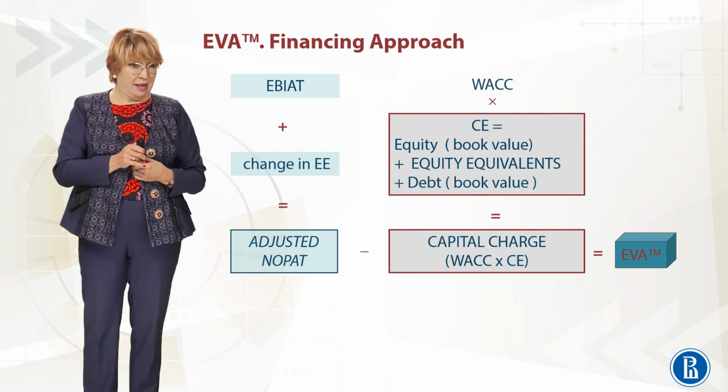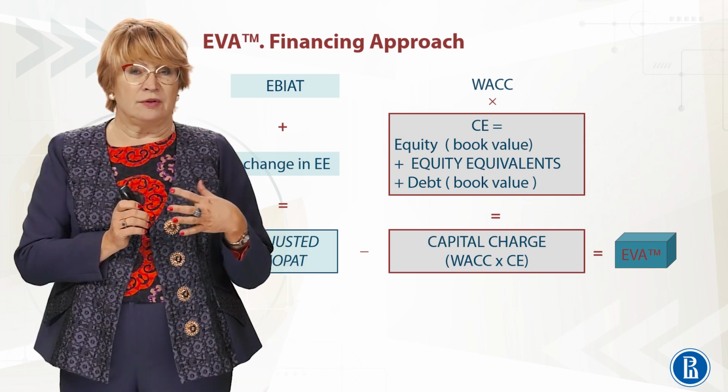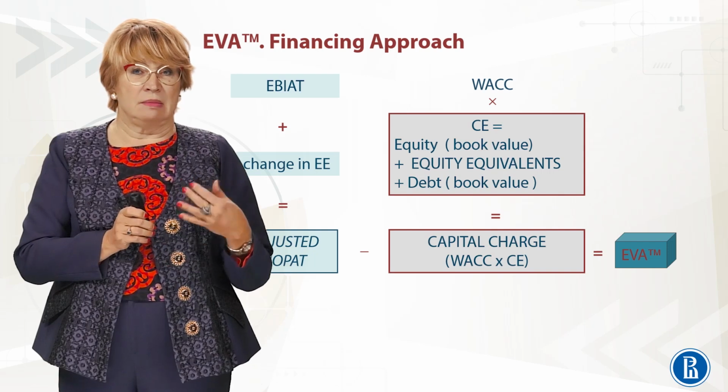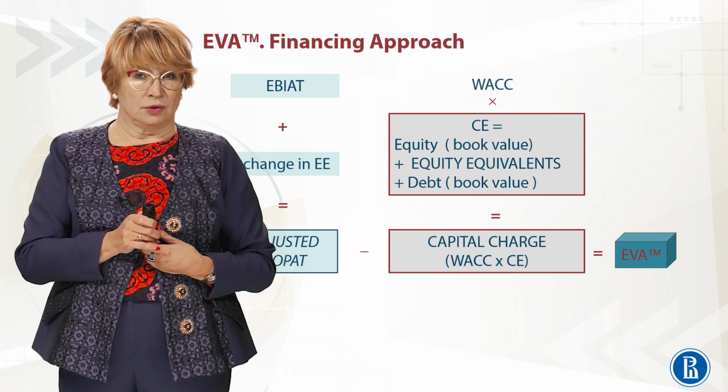Then you will add the sum of equity equivalents, and then you will add your long-term liabilities and your short-term liabilities if they are interest-bearing liabilities, by their book values.